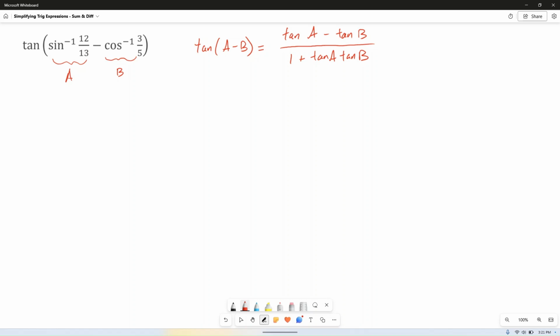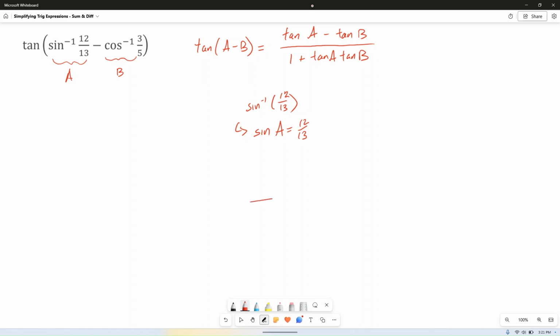If we go back to our right triangle trig, inverse sine of 12/13 corresponds to saying the sine of A is equal to 12/13. And if you remember, the sine of an angle is the opposite over the hypotenuse.